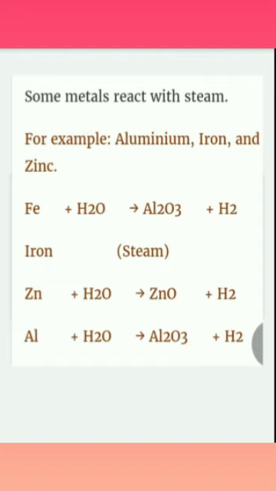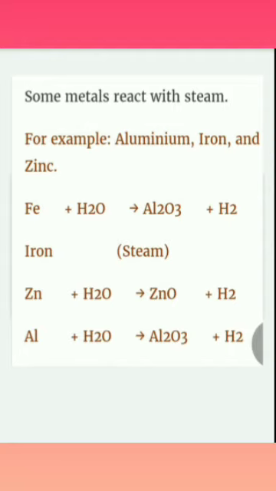These three react with steam. Fe plus H2O gives... this reaction is wrong. So change the formula. Al2O3, not Fe2O3, plus hydrogen. And then zinc plus water gives zinc oxide plus hydrogen.